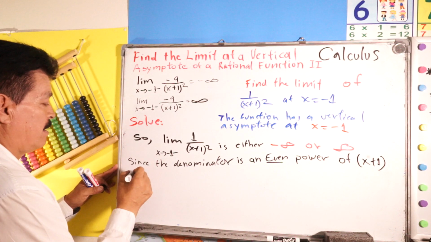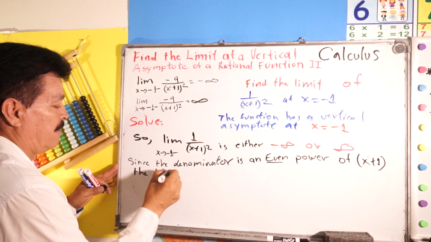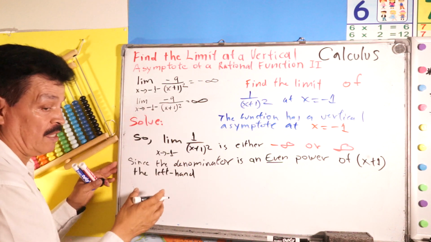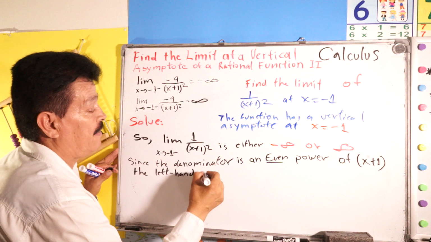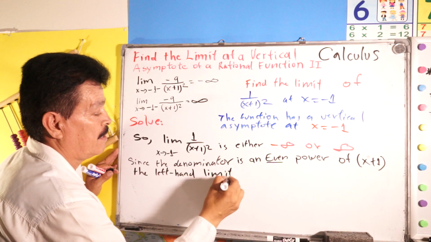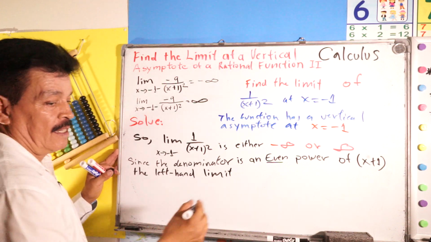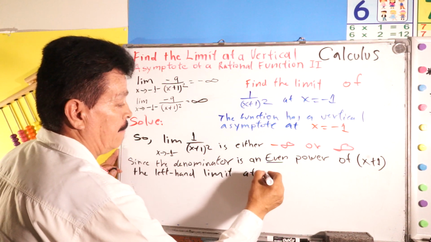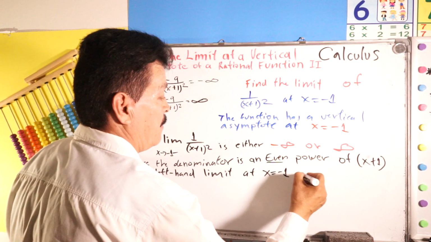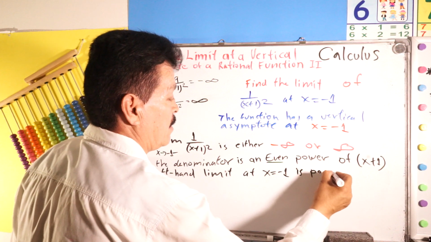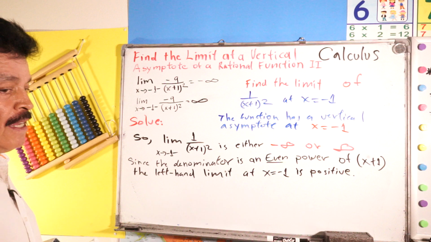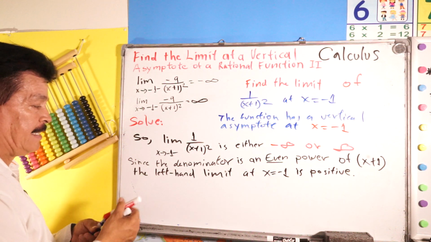The left hand, I am writing everything because sometimes it's confusing. Left hand limit at x equals negative 1, in this case, is positive. All right, it's positive.